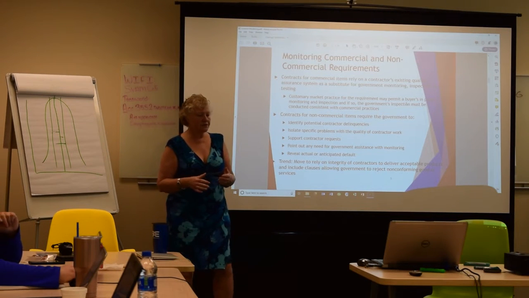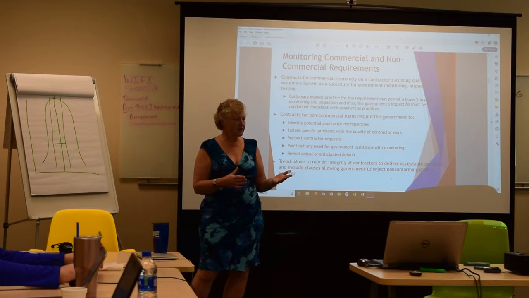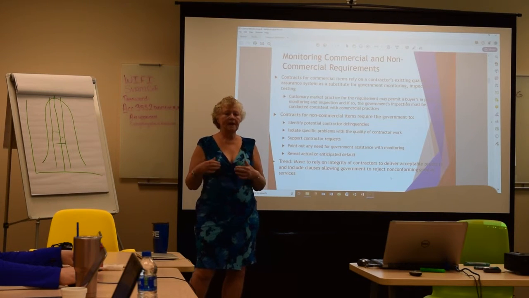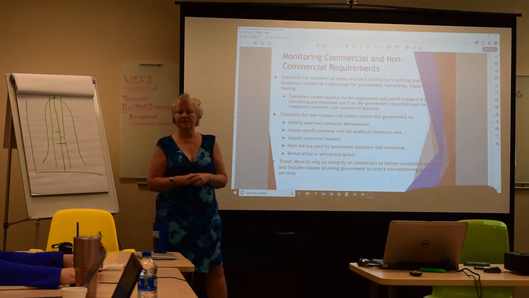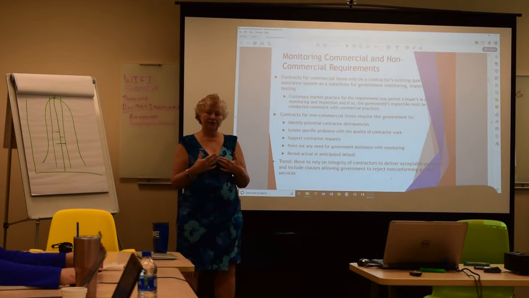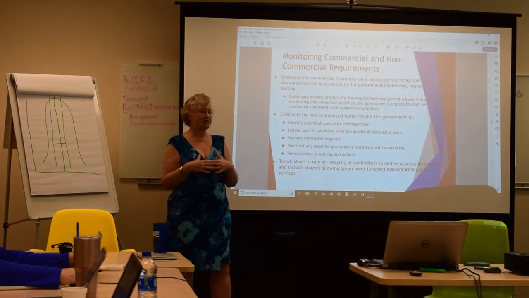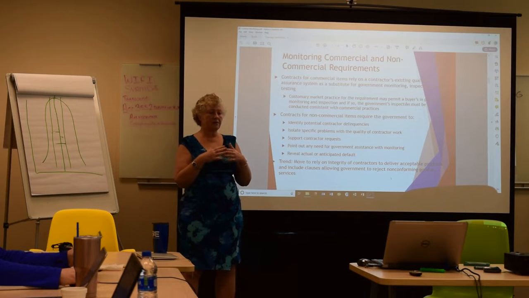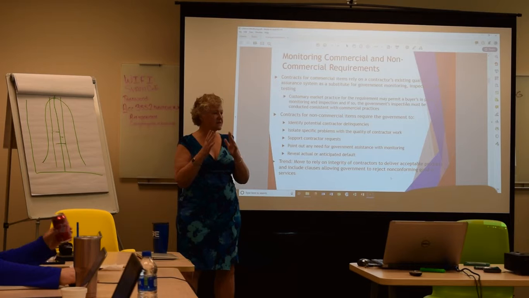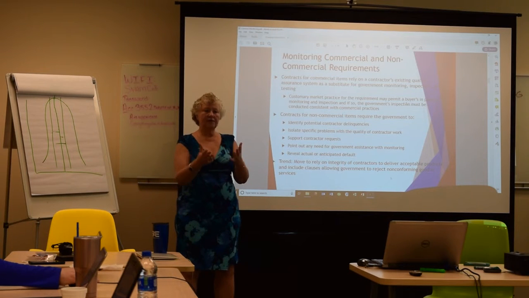Keep in mind too, you've got lots of great contractors out there, and you've got some shady contractors out there. If I'm a good contractor, I will have really analyzed the government requirements ahead of time. I would have made sure my system could handle their requirements. I would have put processes in place to handle that, and I would have gone forward.